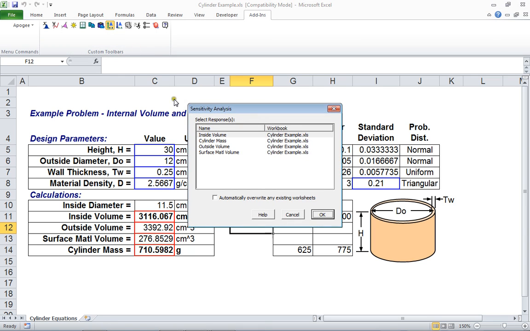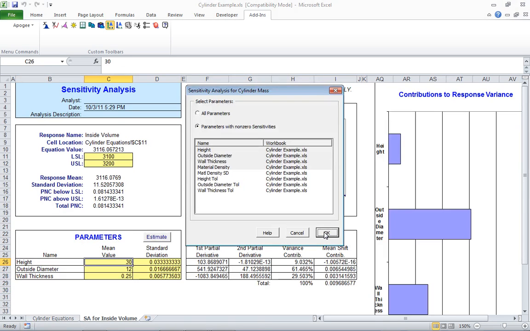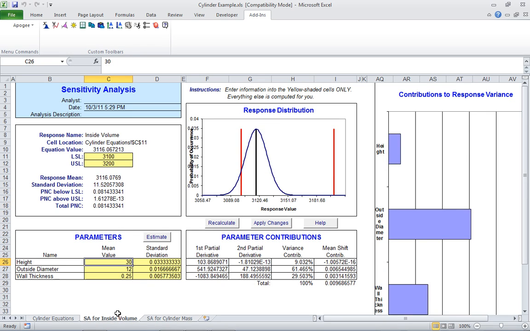So I'll run a sensitivity analysis on the inside volume and the cylinder mass, and I'll run each one of these. And sure enough, we see that we're starting with a design that has a cylinder mass PNC of about 22% and an inside volume probability of non-compliance of about 8%.